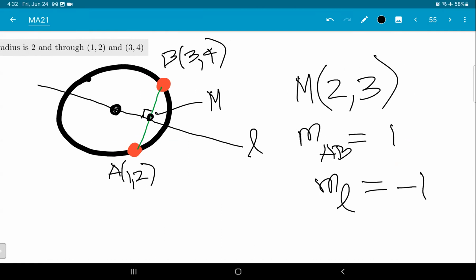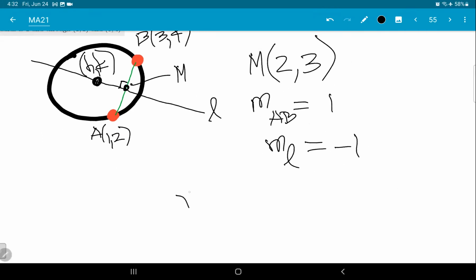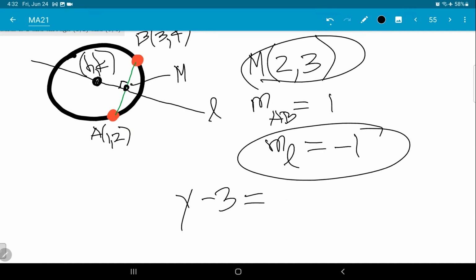So ang ginagawa ko lang dito, alam nyo na, kinukuha ko lang yung perpendicular bisector ng AB, yung chord. At alam natin, yung center dumadaan doon or yung line dumadaan sa center. So what does that mean? It satisfies the equation of the line. So kukunin muna natin yung equation ng line, y minus y1, ito yung x1, y1. Ito yung slope.